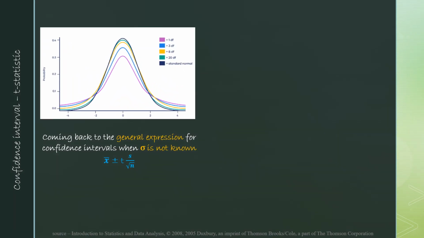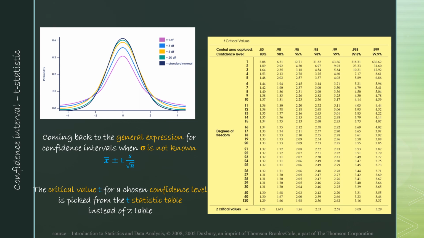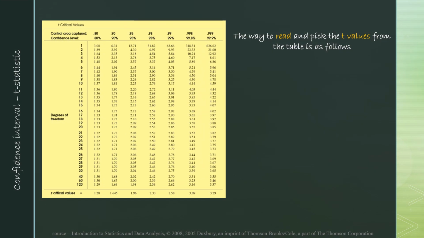Coming back to the general expression for confidence intervals when sigma is not known, x bar plus or minus t times s divided by square root of n. The critical value t for a chosen confidence interval is picked from the t-statistic table instead of z-table. The way to read and pick the t values from the table is as follows. Calculate df. df equals sample size minus 1, which equals n minus 1.